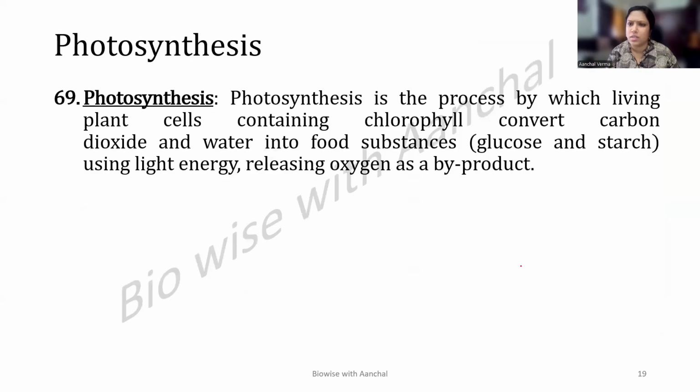Photosynthesis chapter: the important definition and the reaction. Photosynthesis is the process by which living plant cells containing chlorophyll convert carbon dioxide, that is your reactant, into food substances, that is glucose, the product, using light energy, the energy source, releasing oxygen as the byproduct. These are the important words that must be there.